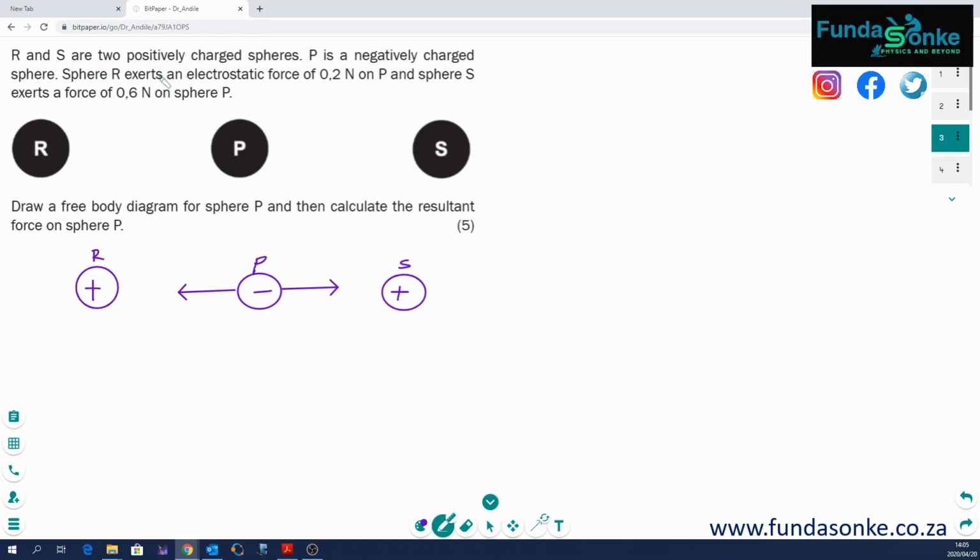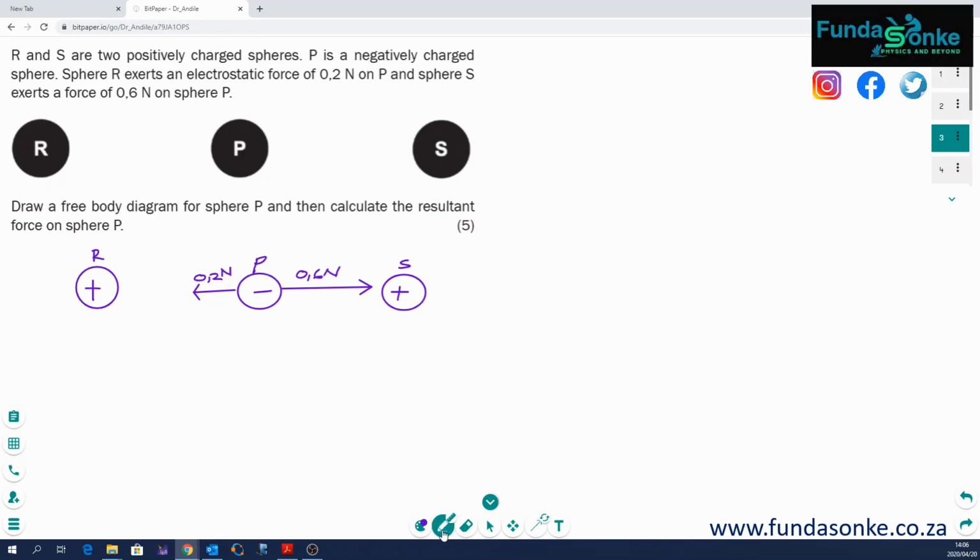Then I'm told that R exerts an electrostatic force of 0.2 newtons, so this will be 0.2 newtons towards R, while sphere S exerts a force of 0.6 newtons, so this will be 0.6 newtons towards S. Now, since 0.6 newtons is much greater than 0.2 newtons in magnitude, I need to extend the length of my arrow to show that this force is greater, and at the same time reduce this arrow on this side.